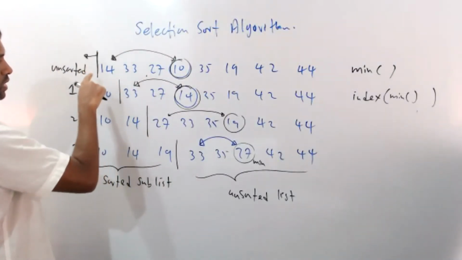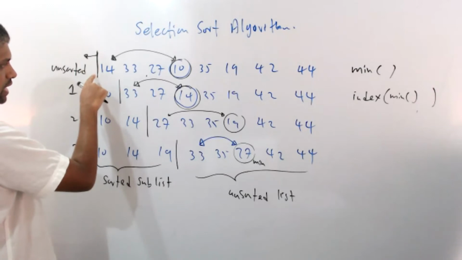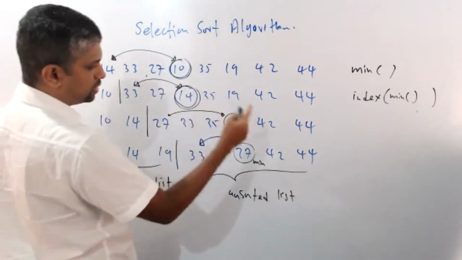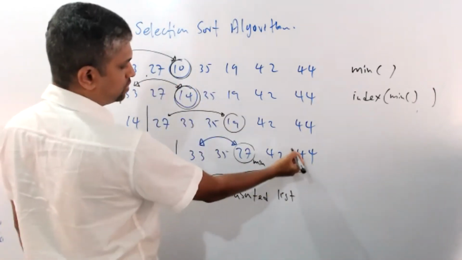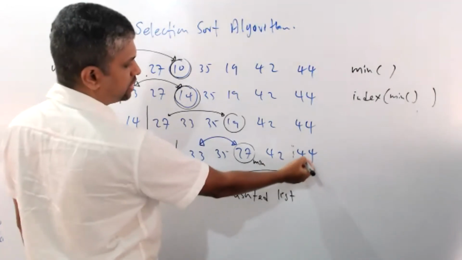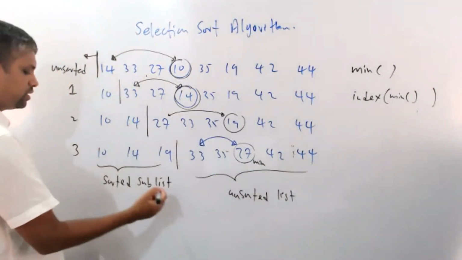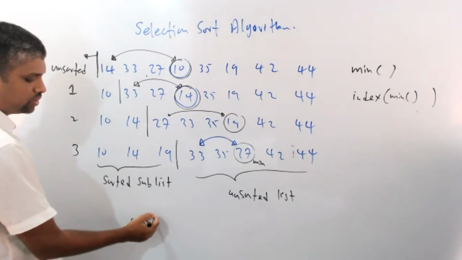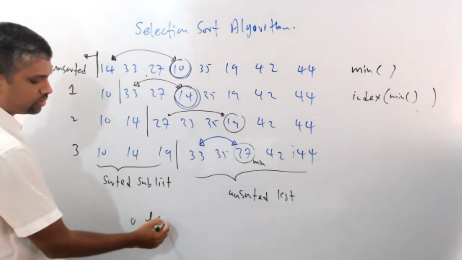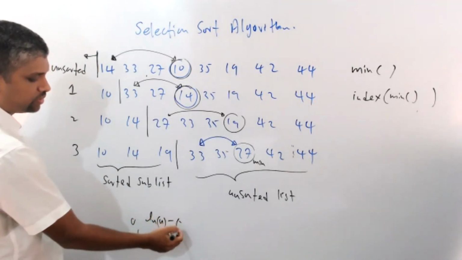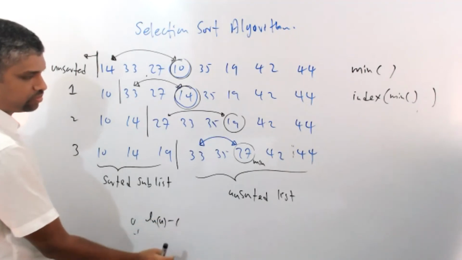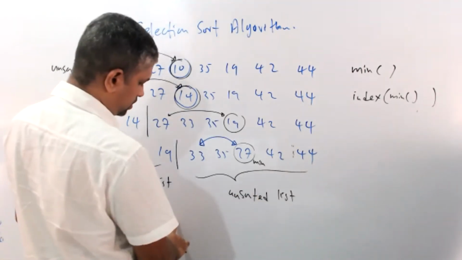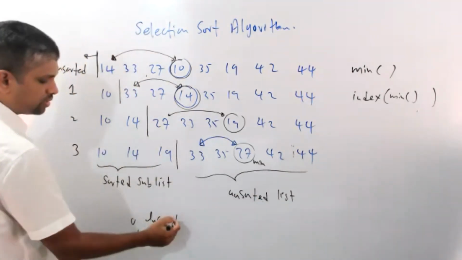So we have to start from here and come to the last location. That means you have to vary from 0 to length of n minus 1.